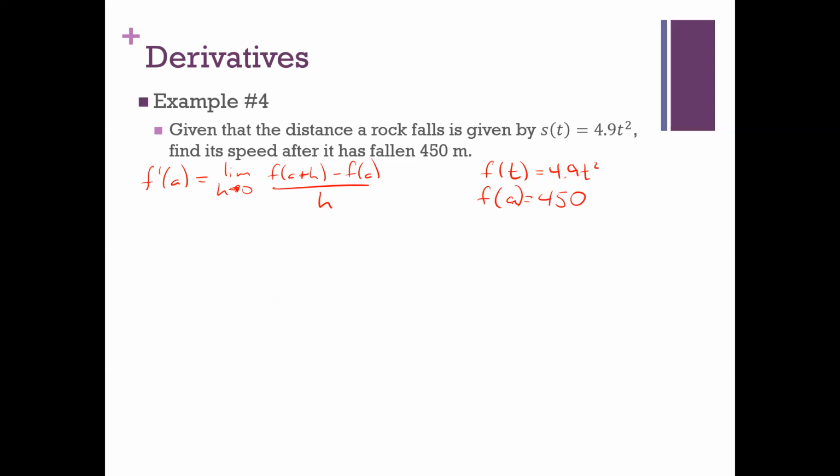Okay. But there's something else we need, right? We do need a. So we'll do that. 4.9t squared equals 450.